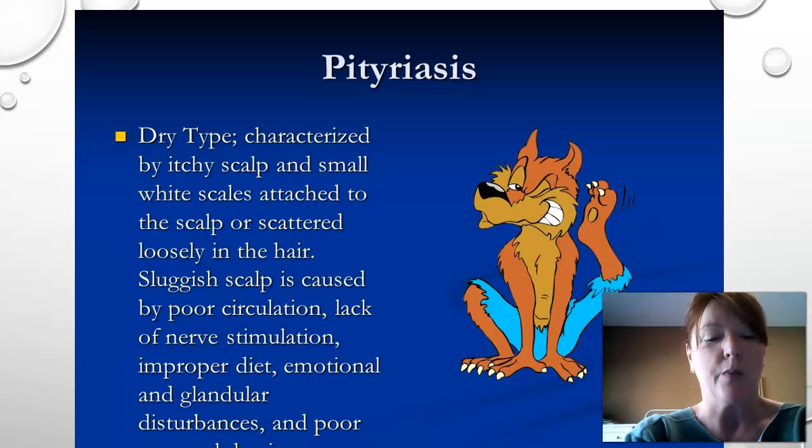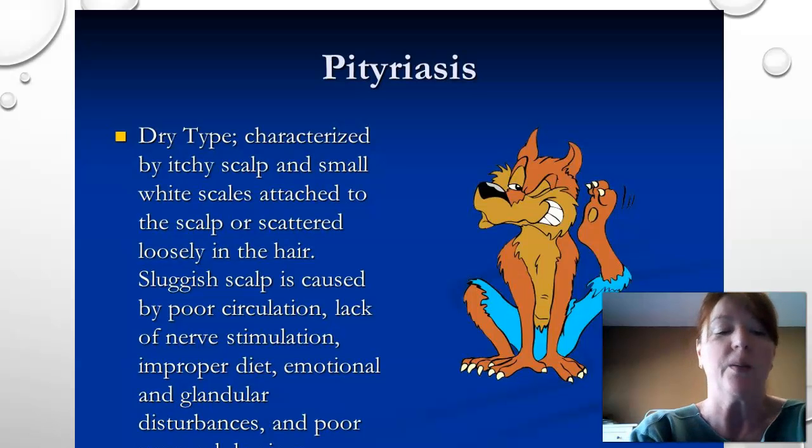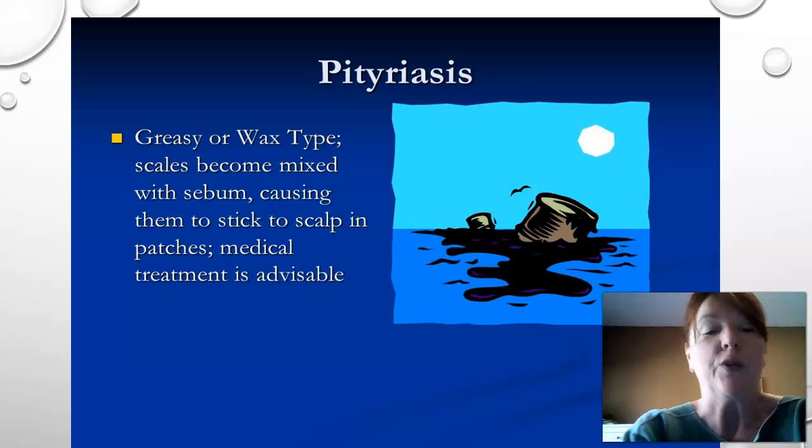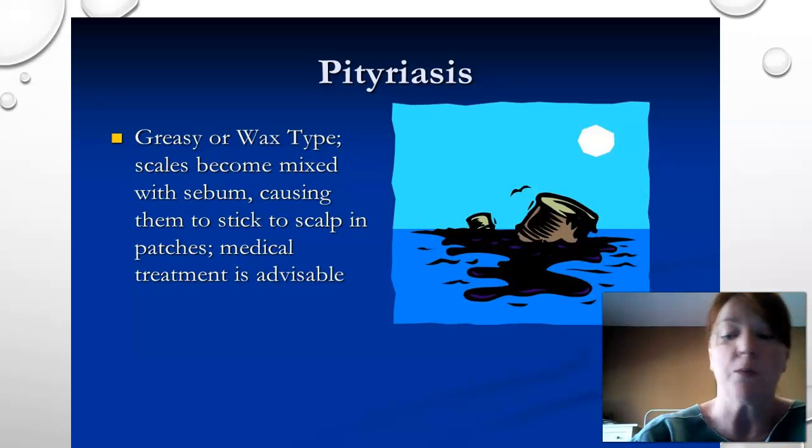Sluggish scalp is caused by poor circulation, lack of nerve stimulation, improper diet, emotional or glandular disturbances, and poor personal hygiene. Pityriasis, the greasy or waxy type, has scales mixed with sebum, causing them to stick to the scalp in patches, and medical treatment is usually advisable for that kind because you can't really fix that without a specific prescription.